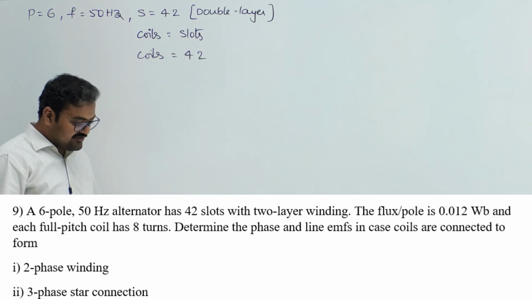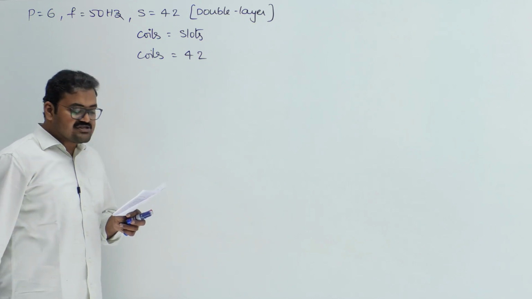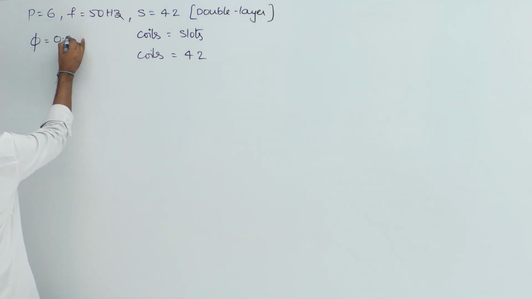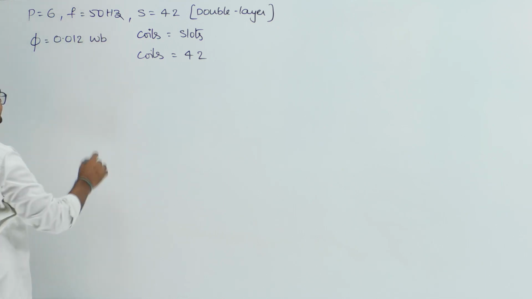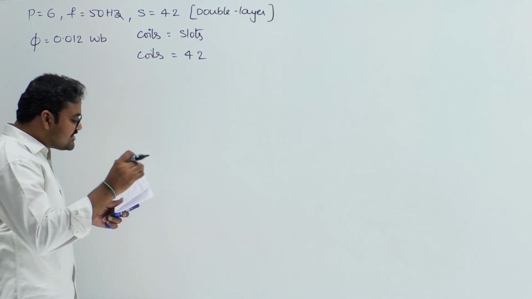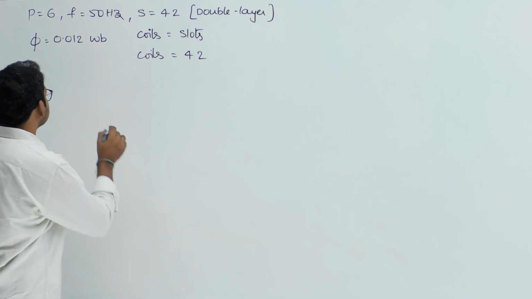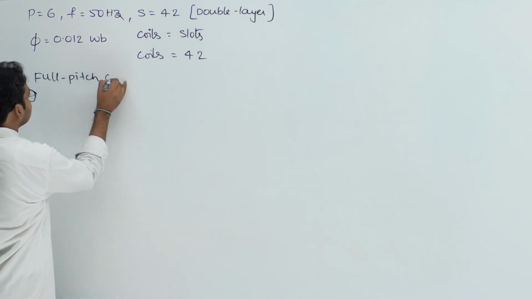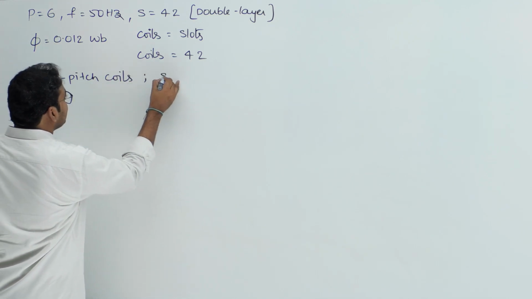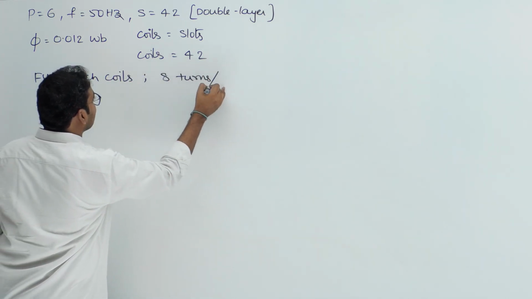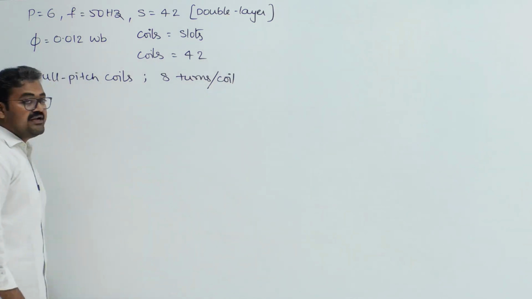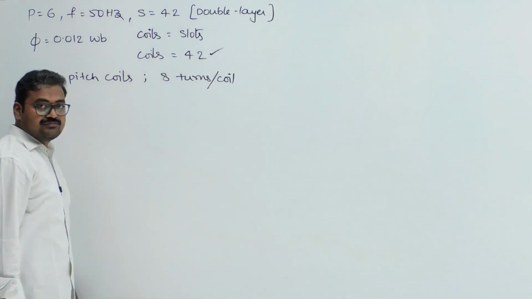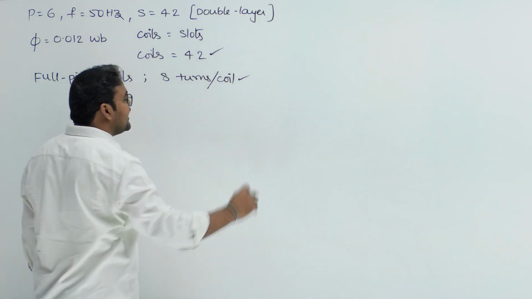Next, flux per pole is 0.012 Webers. Next, each full pitch coil has 8 turns. They said very clearly full pitch coils, 8 turns per coil. Overall, how many coils are there? 42, and every coil has 8 turns.